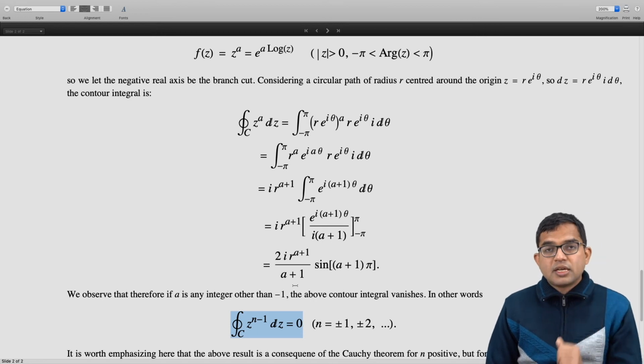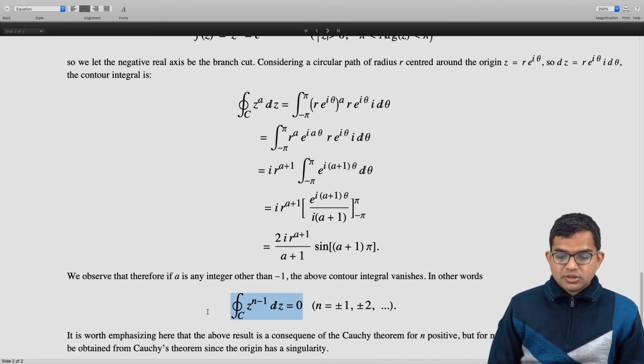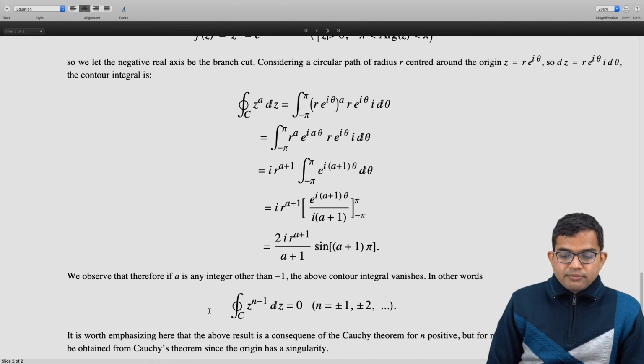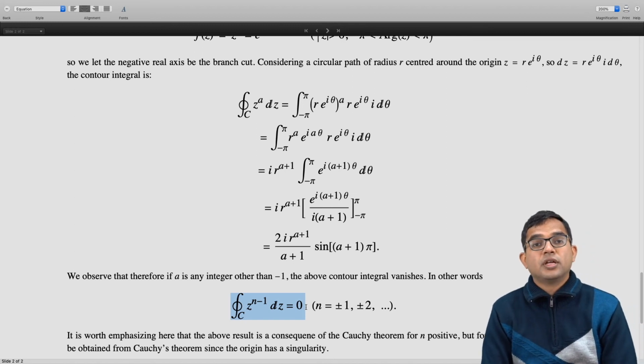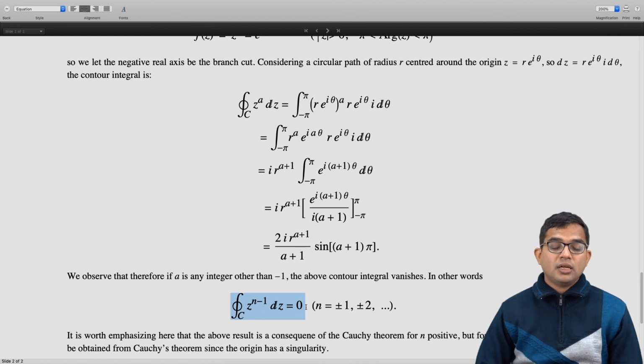This fact is of great importance, and we'll return to this later on. But it is worth emphasizing right away that the fact that this quantity is 0 can be extracted from the Cauchy theorem for positive values of n, but for negative values of n, you cannot use the Cauchy theorem, right?